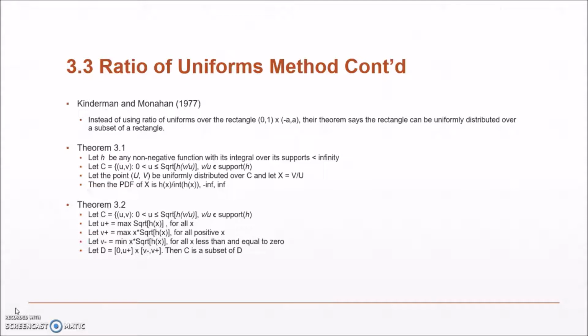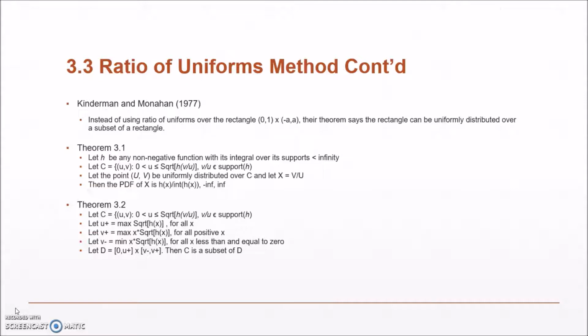And let v minus equal the minimum of x times the square root of h of x for all x less than or equal to 0. Then we let d equal a rectangle from 0 to u plus, by v minus and v plus. We have that rectangle d. So what that means is that c is a subset of d.